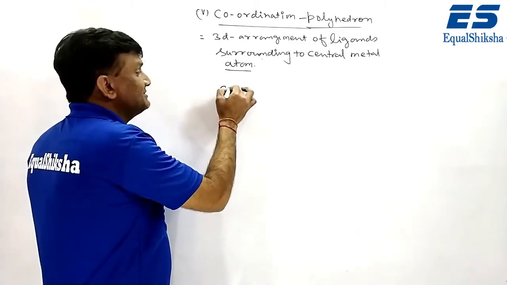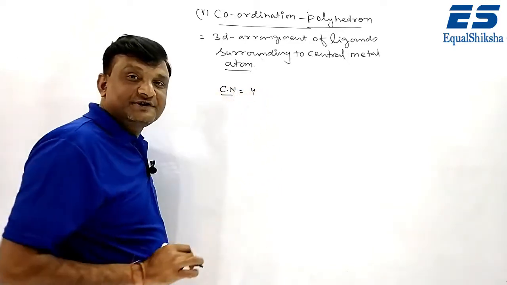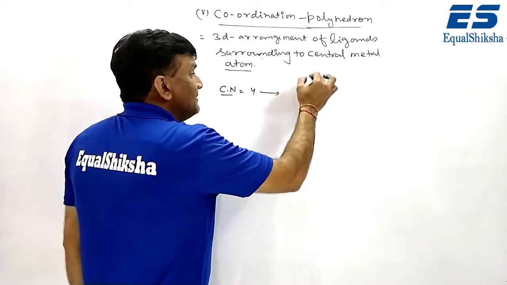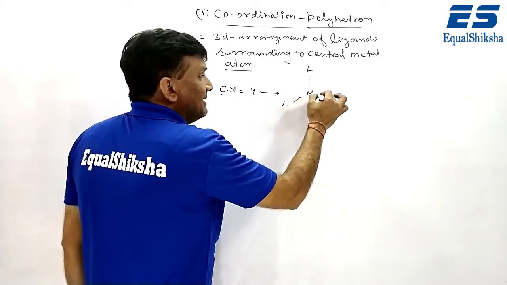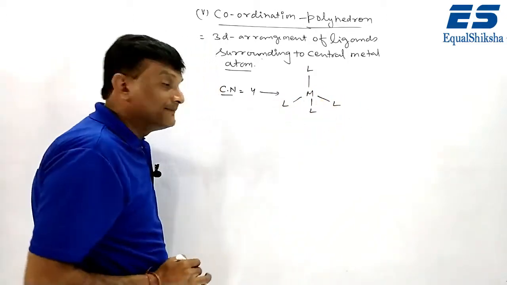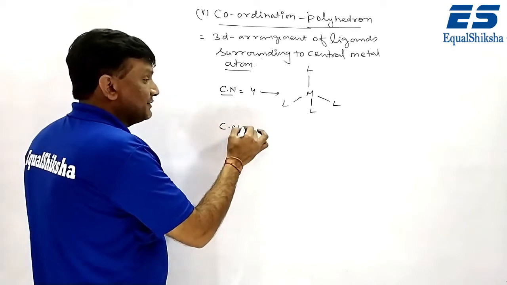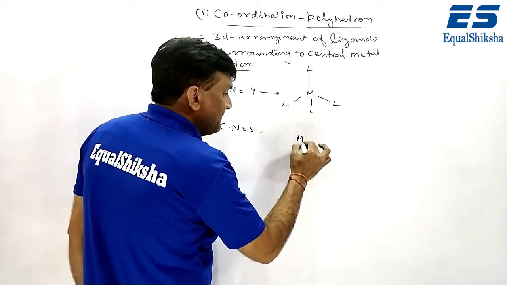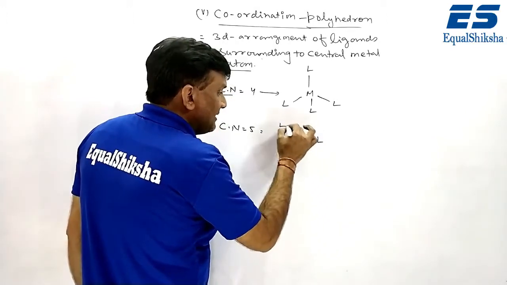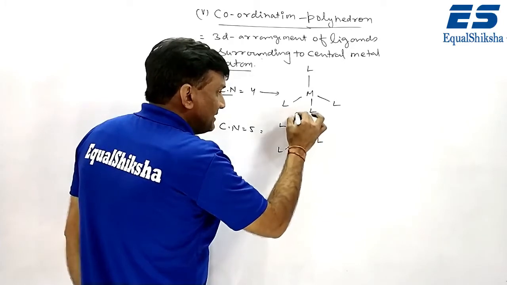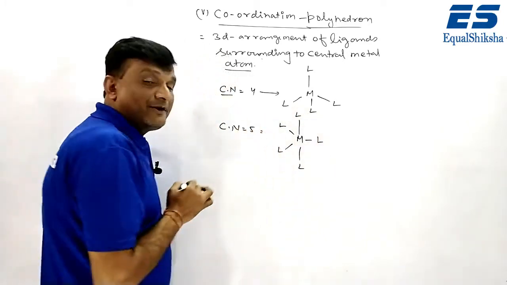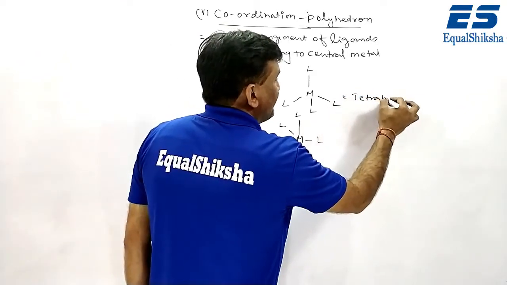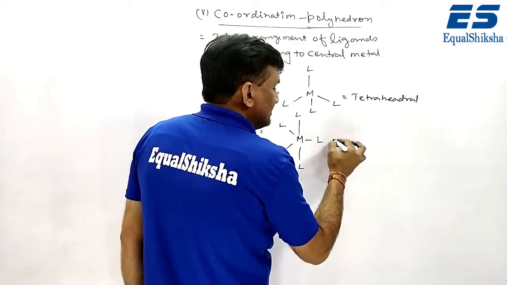Suppose there is coordination number 4, then its polyhedron will be M as a metal atom with 4 ligands L, L, L and L. If there is coordination number 5, then it will be M, L, L, L, with L above the plane and L below the plane. Trigonal bipyramidal. This will be a tetrahedral polyhedron.